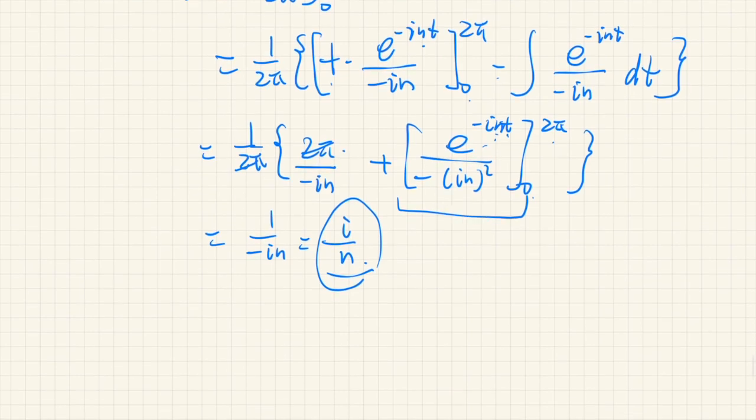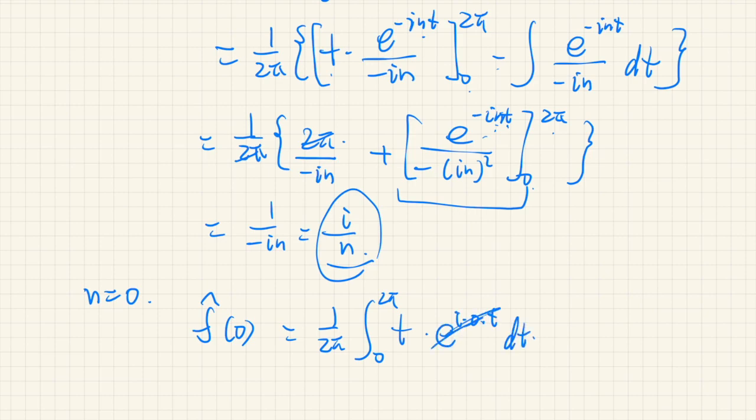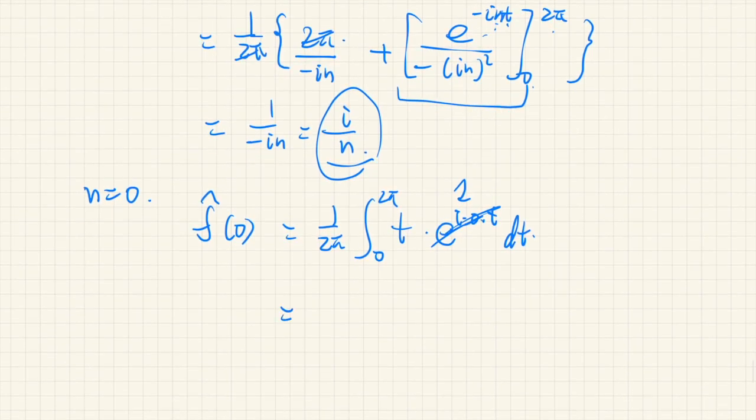And when n is equal to 0, f hat of 0 is 1 over 2 pi the integral of t times exponential of i 0 t. So this is just 1, right? So that is t squared over 2.